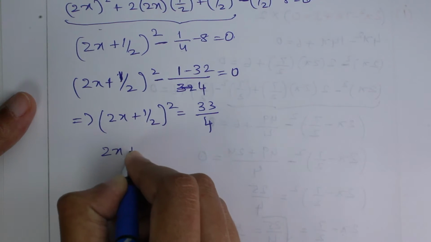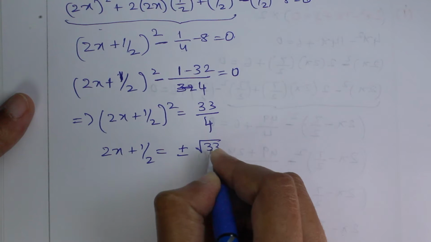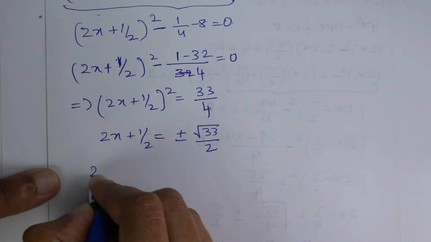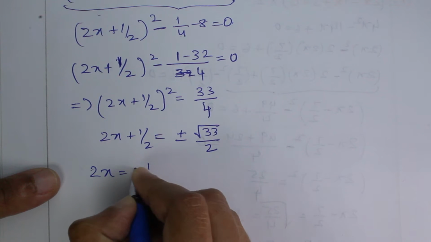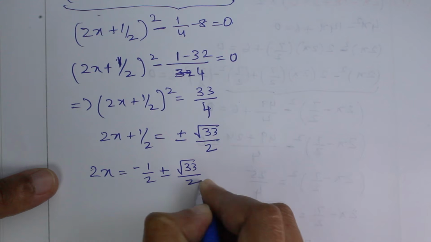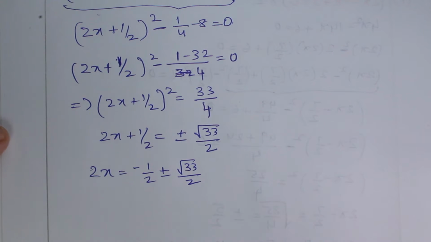So 2x plus 1 by 2 becomes plus or minus square root of 33 divided by 2. So 2x becomes minus 1 by 2 plus or minus root of 33 by 2. This 1 by 2 has gone to this side, so it becomes minus 1 by 2.